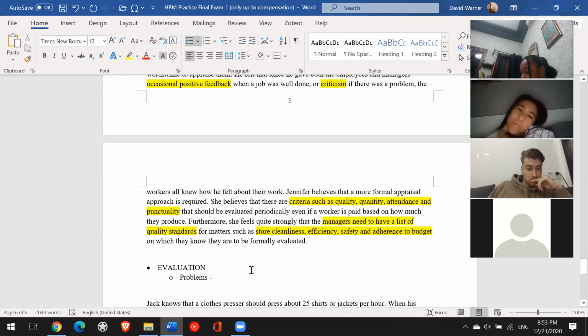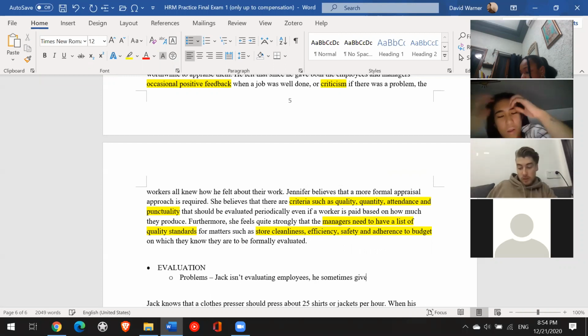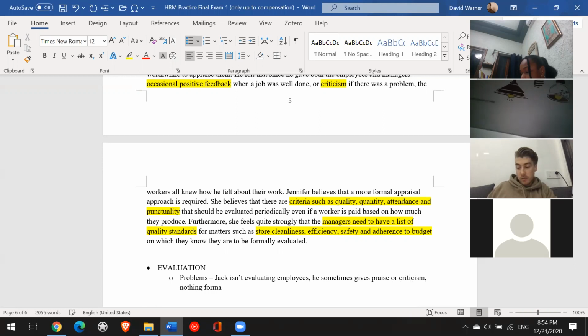So the problems here: Jack isn't evaluating employees. He sometimes gives praise or criticism, nothing formal. Jennifer wants formal evaluations.